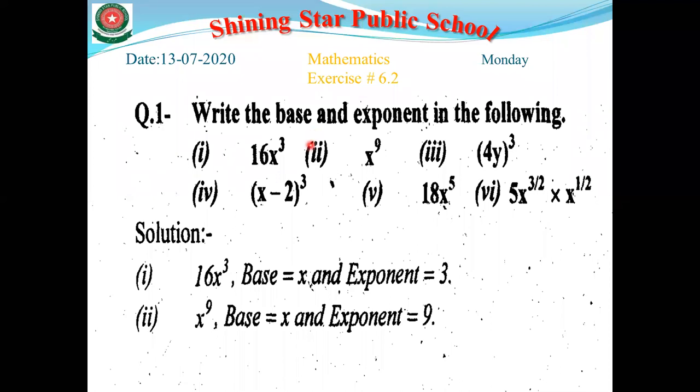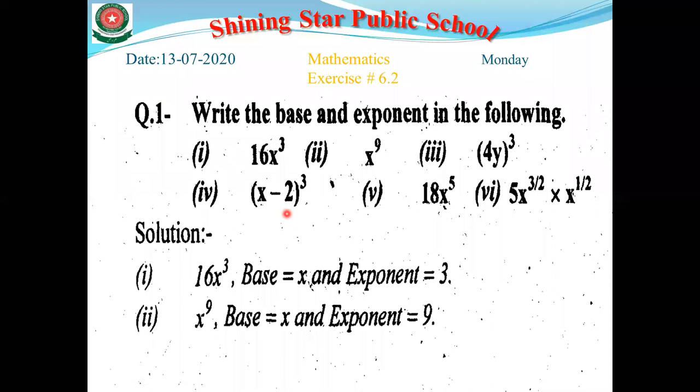Question number 1. Write the base and exponent in the following. First of all we have part number 1, 16x cube. Now in 16x cube, what is the base, what is the exponent?